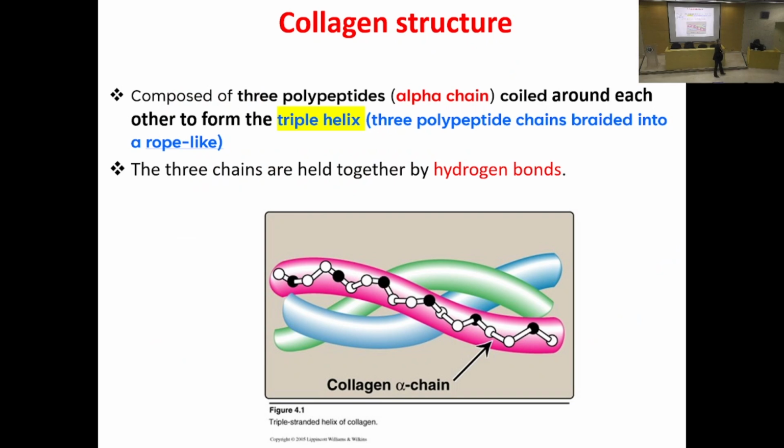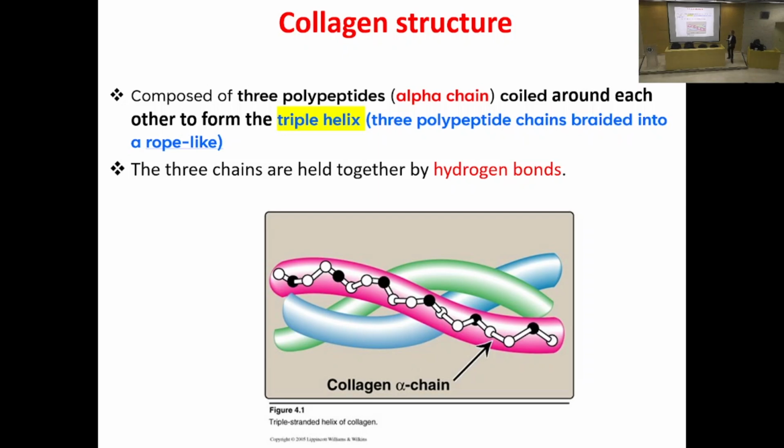All right. The collagen structure: we said it's a protein, right? This protein is composed of three alpha chains. This is the pink, the green, and the blue.